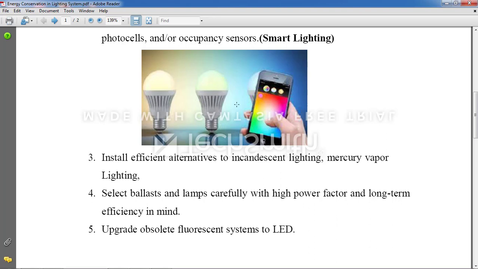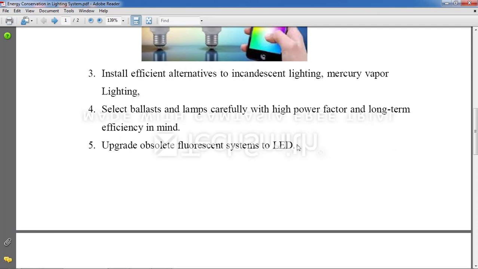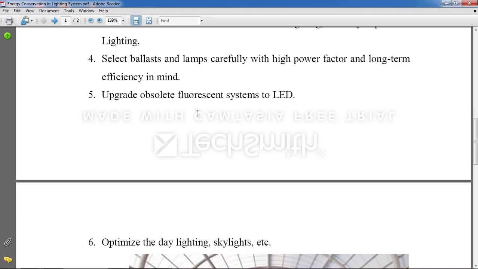Next point, install efficient alternatives to incandescent light. We had discussed that incandescent light is totally outdated right now; everyone is using LEDs. Then select ballasts and lamps carefully with high power factor and long-term efficiency in mind. This point is quite important, because as far as street lights are concerned, we are still not using LEDs in street lights.